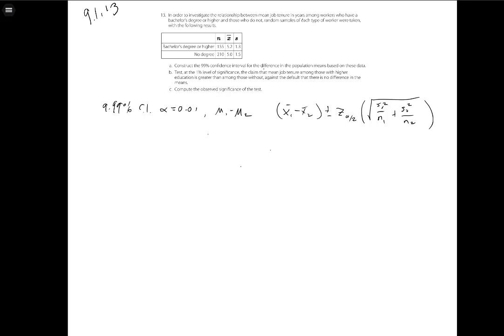I'm going to use the first row as the 1 and the second row as the 2. And so we'll go with our mean.